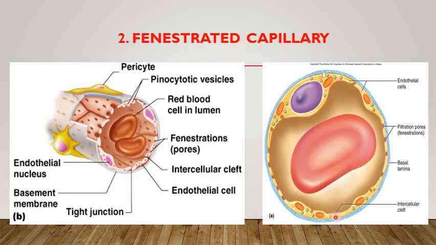You can appreciate them here. So this is the structure of a fenestrated capillary. Again, I would like to revise that these are present in the small intestine, in the kidneys, and in the endocrine glands.